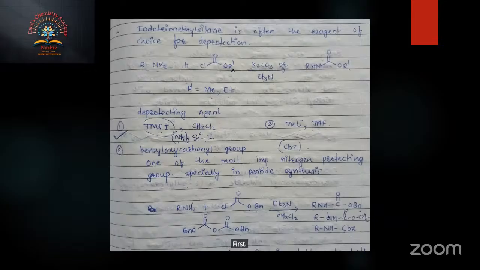First, let's say we are using methyl or ethyl carbamate protection. During basic condition, we use amine with chlorocarbonyl. It will get protected in the presence of a weak base like triethylamine or potassium carbonate, in the form of carbamate.